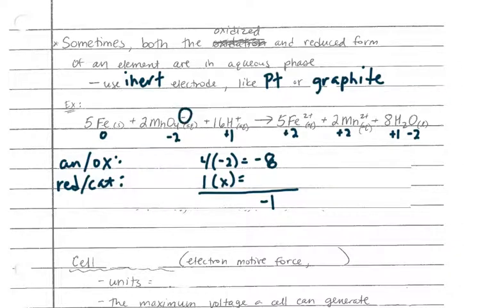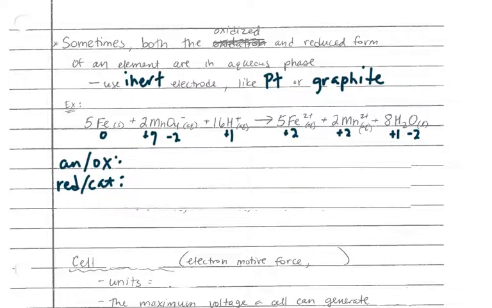So 1 times X needs to equal 7, because -8 plus 7 is -1. And so X is 7. So manganese is +7. This is another way to show that algebraic breakdown in order to figure out that missing charge. Okay, so I'm going to erase this mess and show the redox reaction.